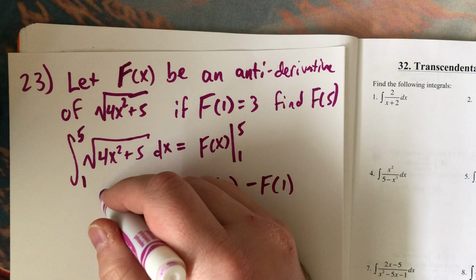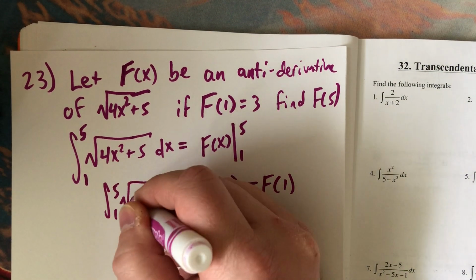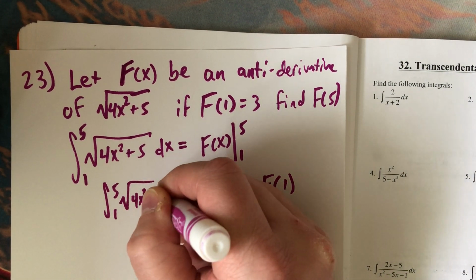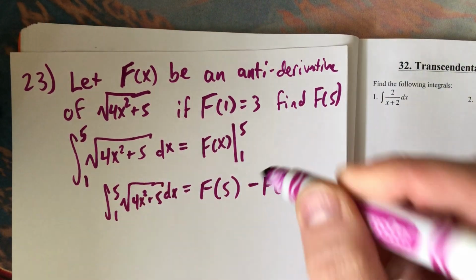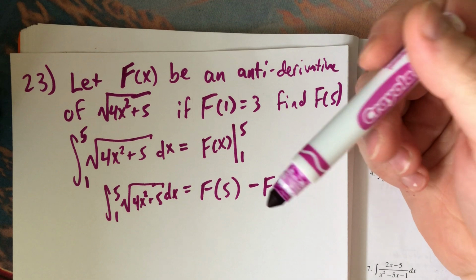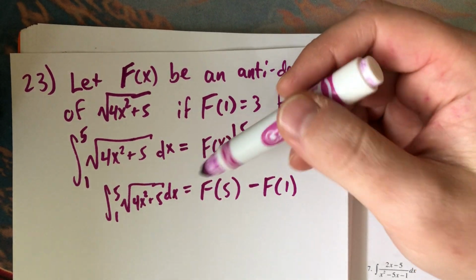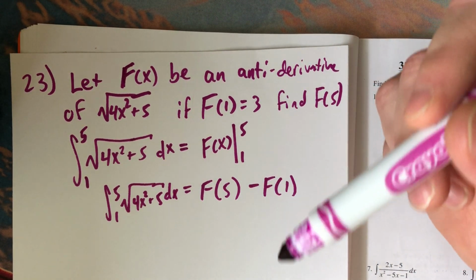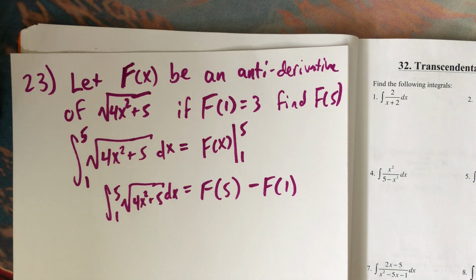So again, I could say the integral from 1 to 5 of square root of 4x squared plus 5 dx is equal to capital F of 5 minus capital F of 1. And you're like, yeah, but I don't know what capital F is. Precisely. You don't know what capital F is, but we do know.